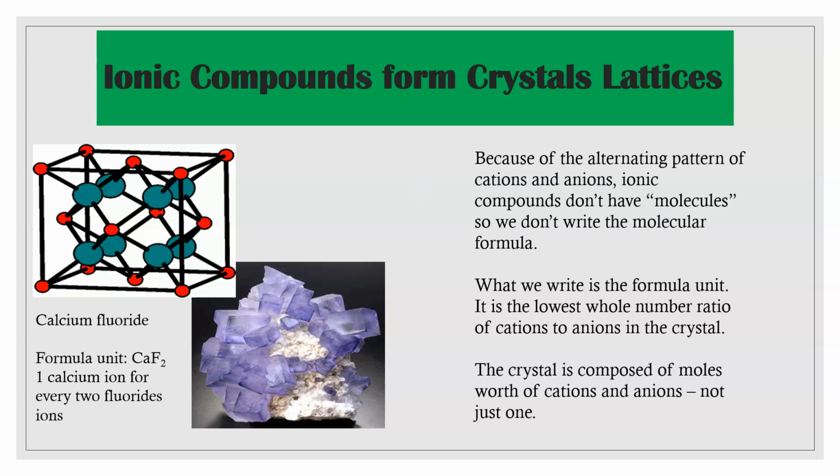But regardless, the formula unit for calcium fluoride is CaF2, 1 calcium ion for every 2 fluoride ions. So you're going to learn soon how to write the formulas for ionic compounds based upon what their charges are, making sure that those charges will neutralize each other.